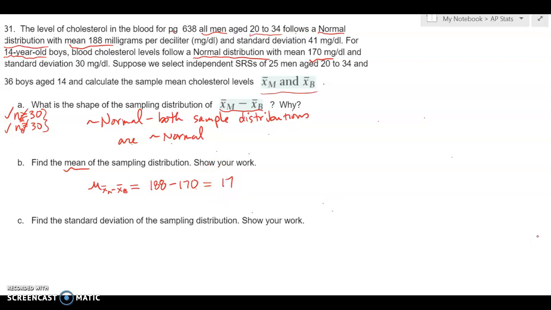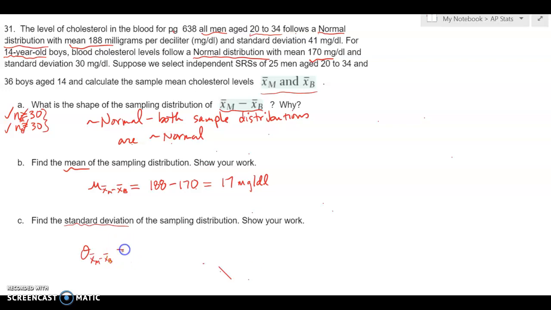All right, so we know that this distribution is centered at 17 milligrams per deciliter. And now we need to figure out what the spread or the standard deviation of the sampling distribution is going to be. So we are dealing with the sigma or standard deviation of x bar for the males minus the x bar for the boys, or the standard deviation of the sampling distribution of the differences between these two.